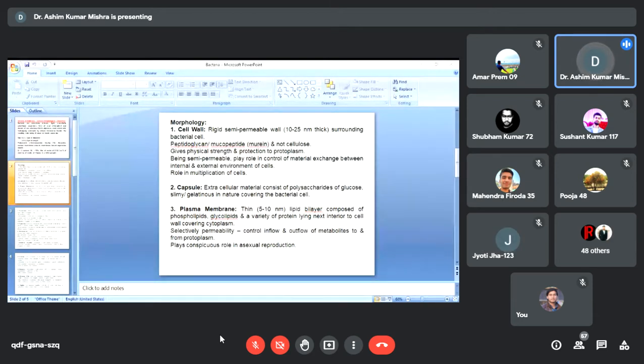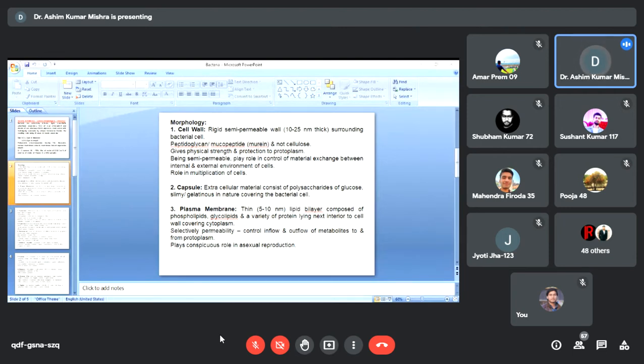Being semi-permeable, it plays a role in control of material exchange between the internal and external environment of cells. It also has a role in the multiplication of cells, because the first cleavage starts at the cell wall only. It also has a vital role in multiplication of the bacterial cell.